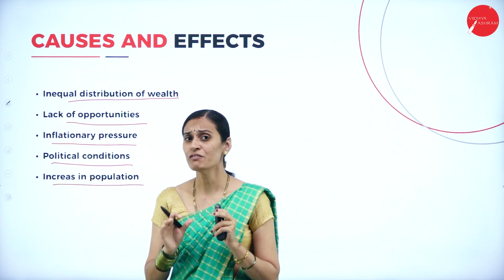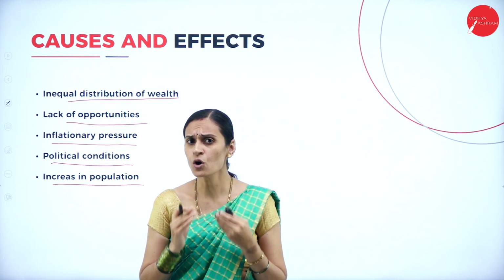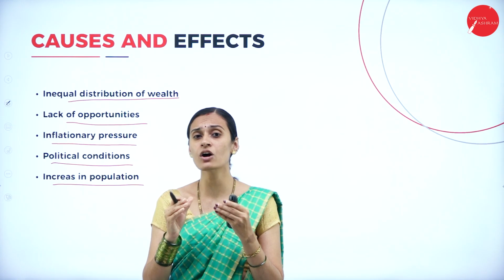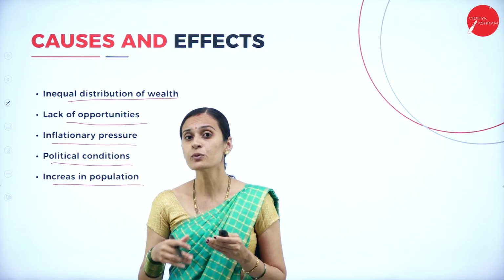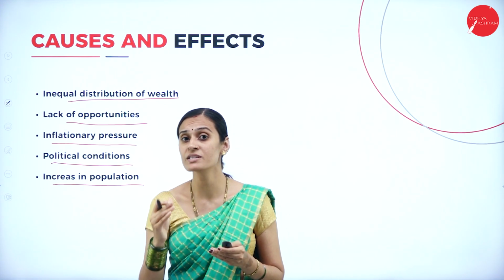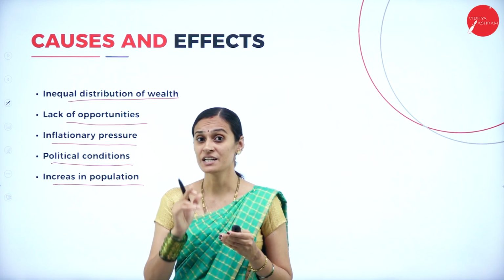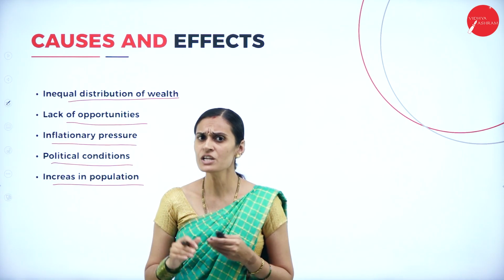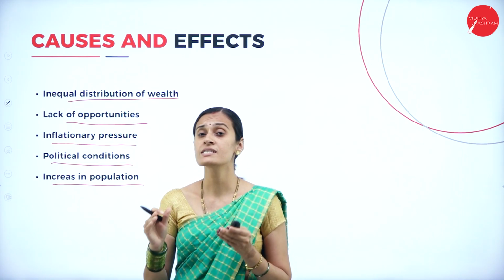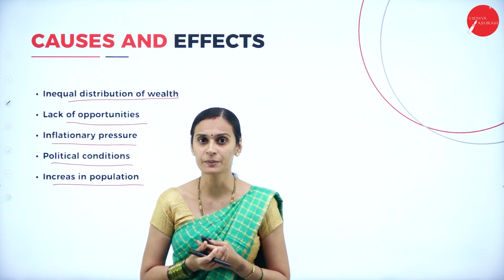And the next one, the increase in population. We should agree that everybody can't get a job. It is not possible to improve the economic system in line with the increasing population rate. Population is increasing, but it is not possible to improve the economic system of our country.